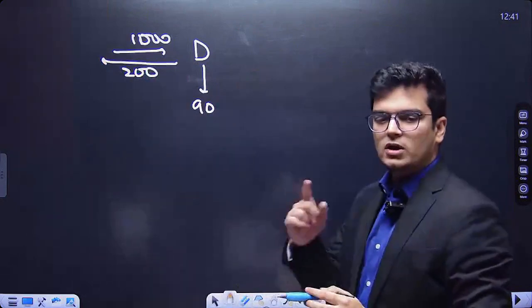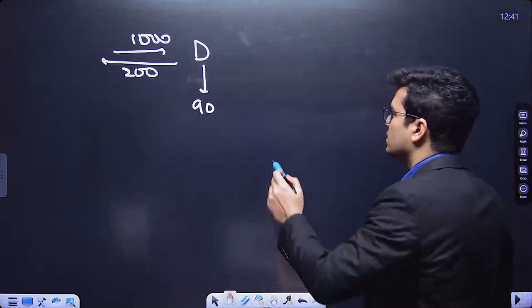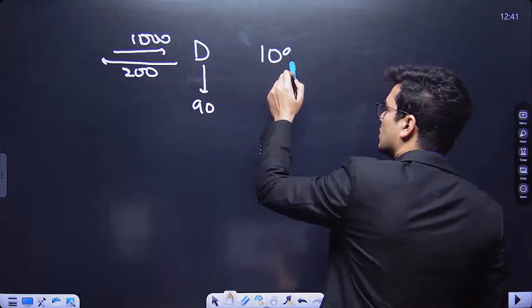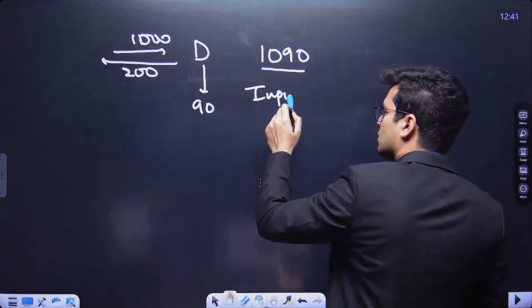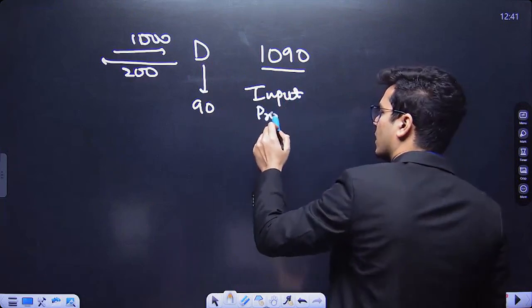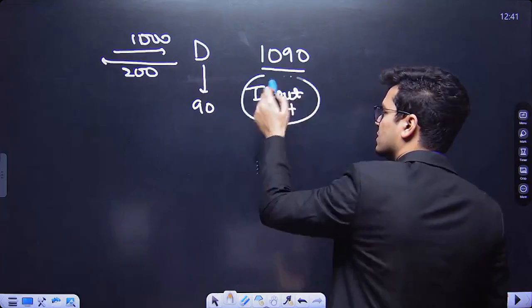In his bill, what should he write? He should write 1090, the input cost plus his profit or value added.